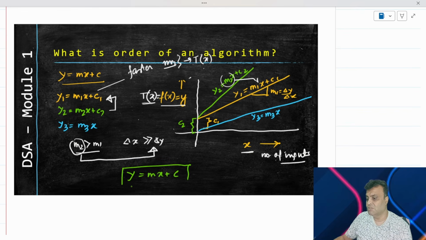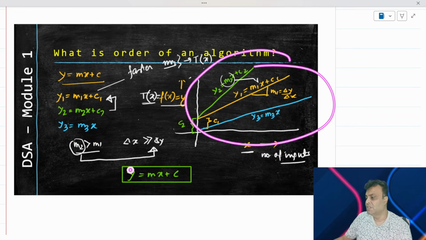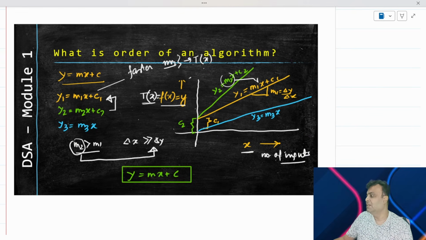All the curves that you see at the top right here will be y equal to mx plus c, because all the curves can be executed on different speeds of machines to make sure that your slope coincides with y equal to mx plus c, and hence everybody will execute themselves in the nature of y equal to mx plus c.